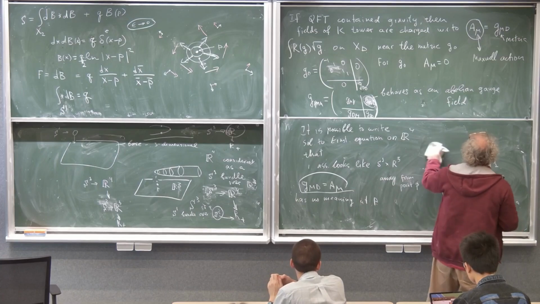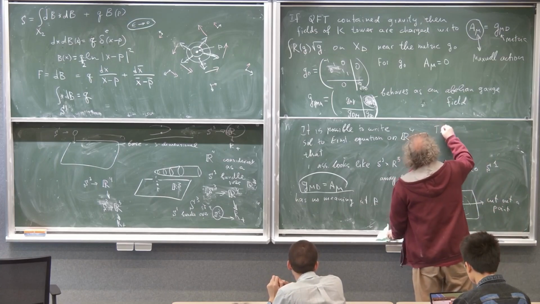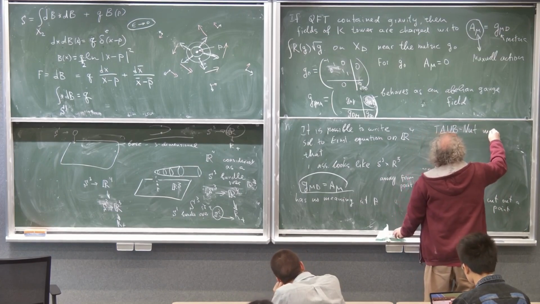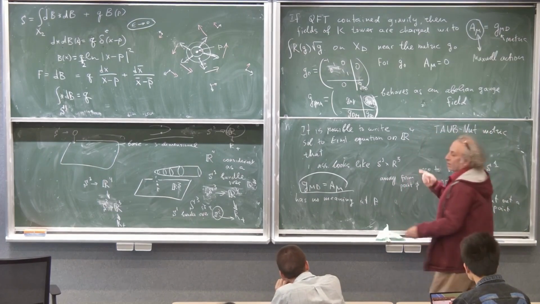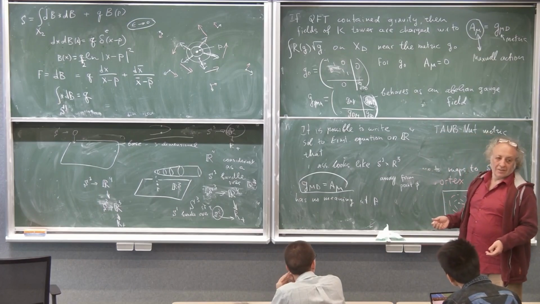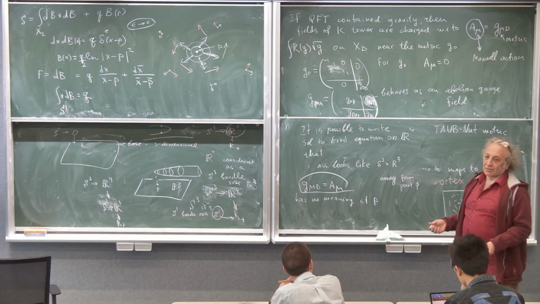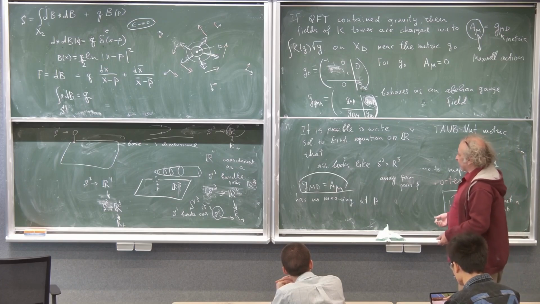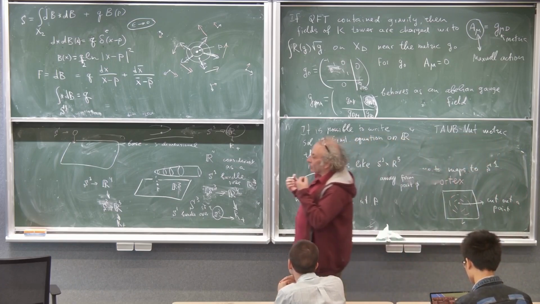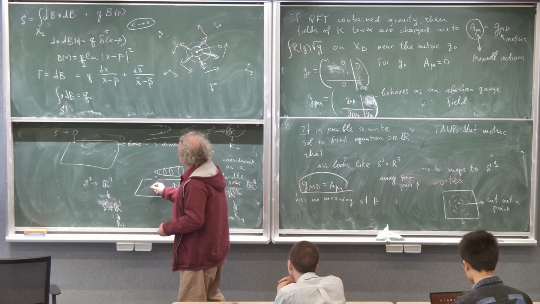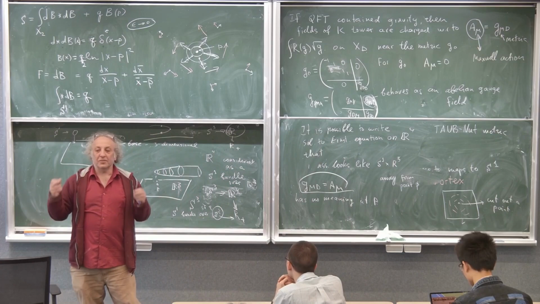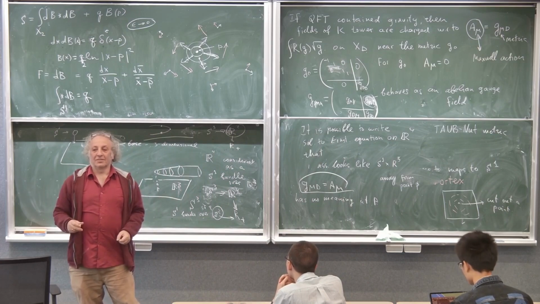So this metric is called the Taub-NUT metric. You may see how it looks in different books. I am not going to write down formulas. I'm trying to explain an idea that above P, electrodynamics that comes out of gravity disappears.